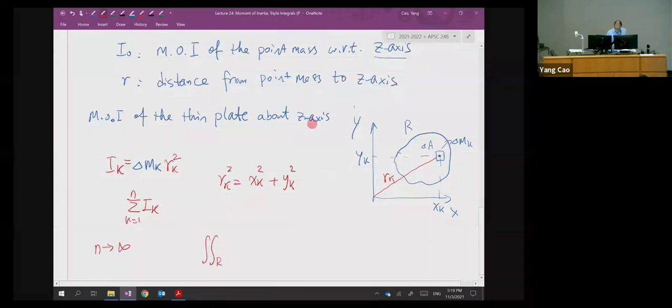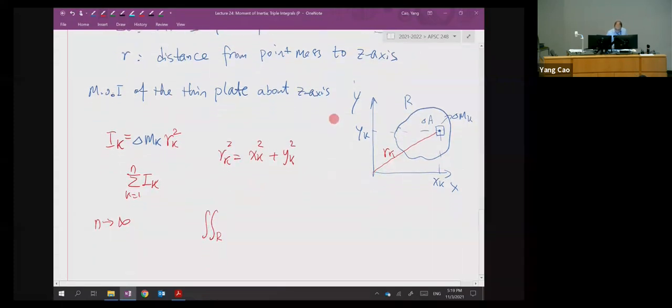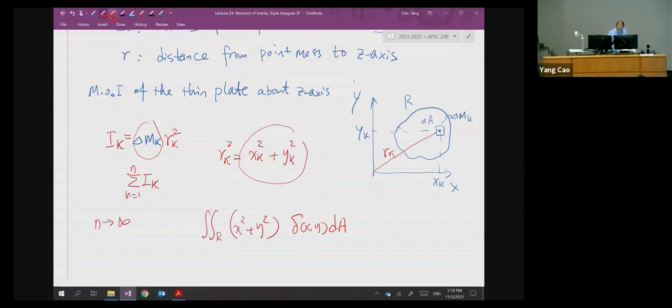Okay. And what are we integrating? So we have the R square here, right? R square would be x squared plus y squared. And you have delta mk, which will become dm. So dm basically is your density times the little area, right? So this is your dm.